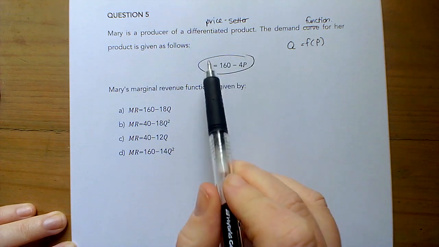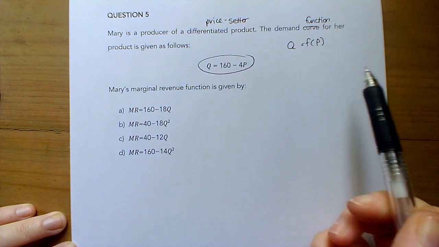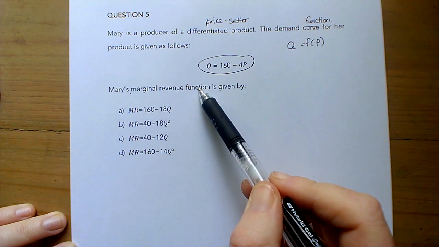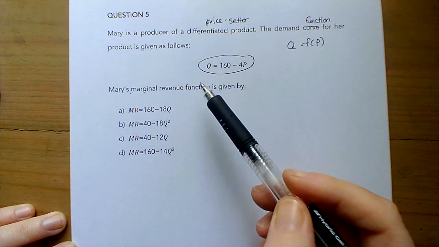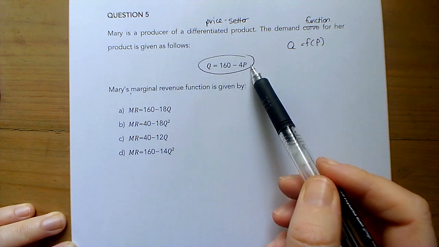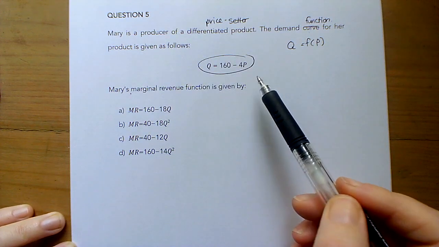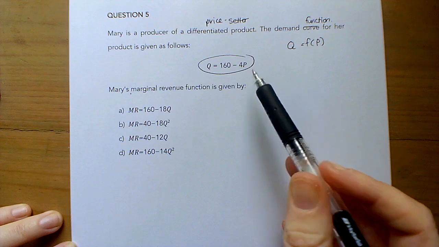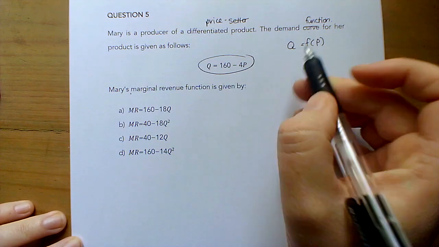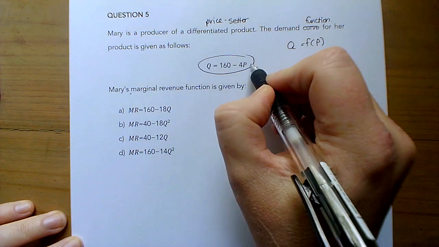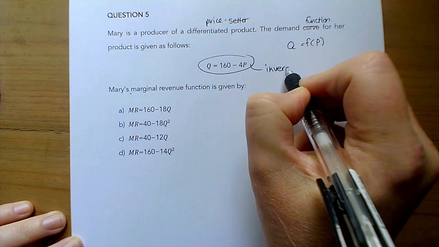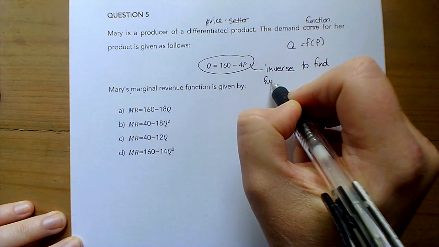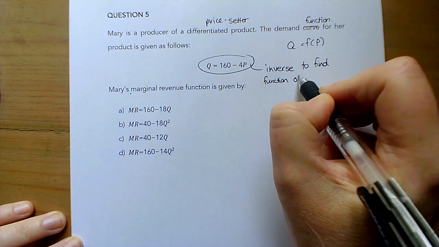So we get given the demand function of this price setter, and they want to know what her marginal revenue function is. Now I'm going to show you the correct way to do this, and then I'm going to show you a common mistake that might be made when dealing with this kind of problem. What we have is a demand function that we then need to inverse to find the function of the demand curve.